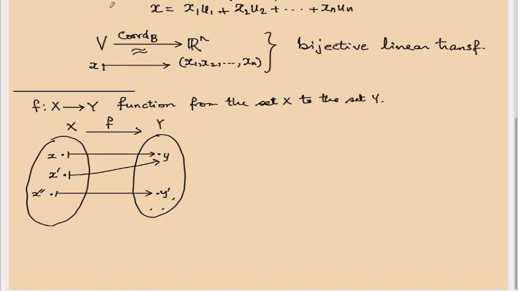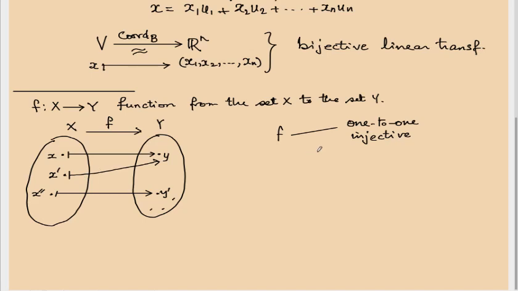Now, a function can be of three kinds. A function may be one-to-one, which is also said to be injective. And what do we mean by this? It means this situation, two distinct elements of X going to the same element of Y, having the same image, will not be true.